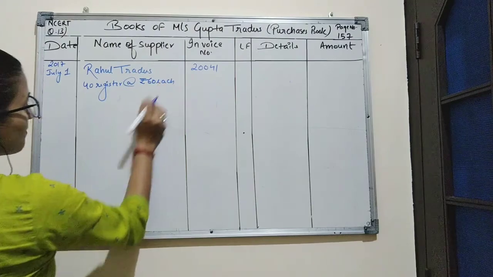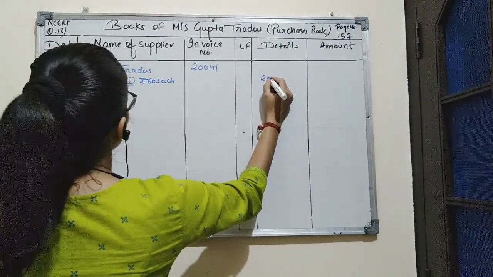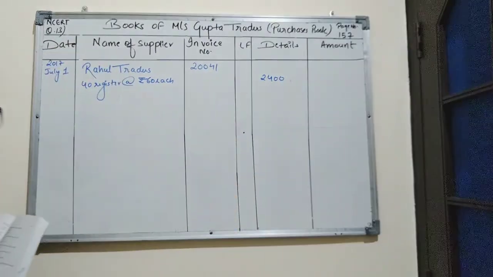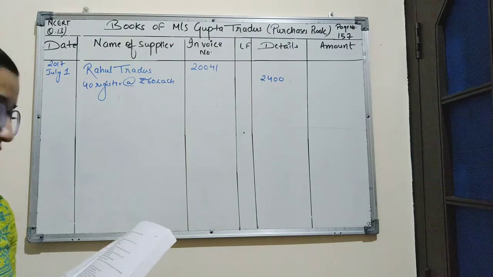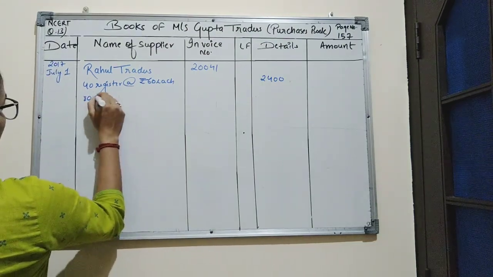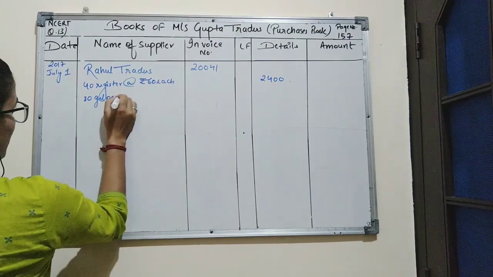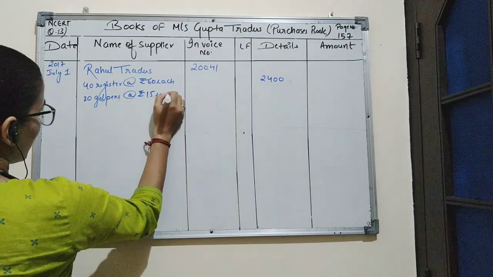That means the total amount will be 40 into 60, which is 2400. Now, second is 80 gel pens at the rate of rupees 15 each.